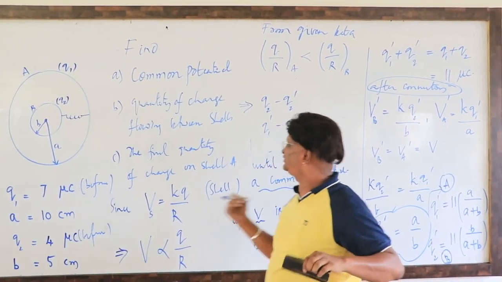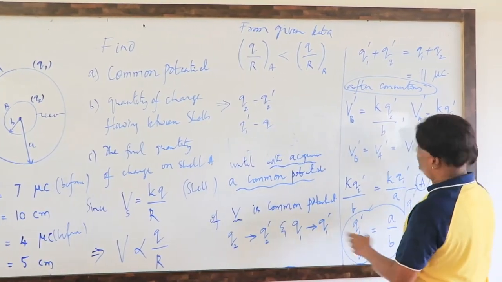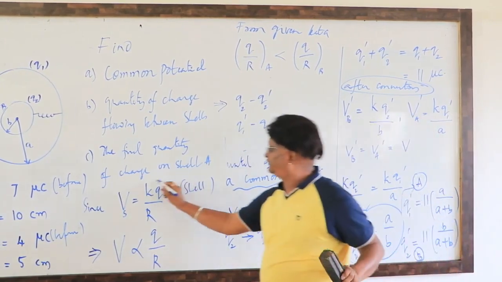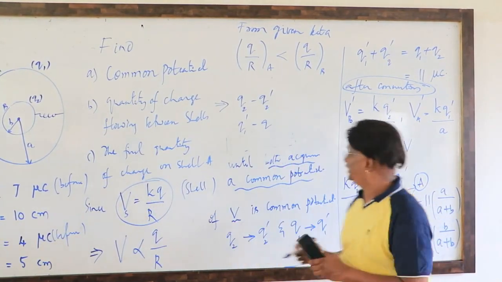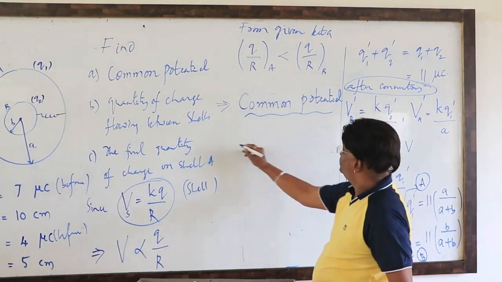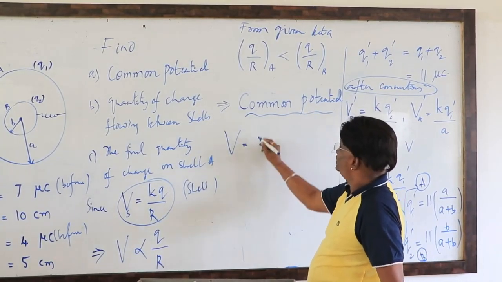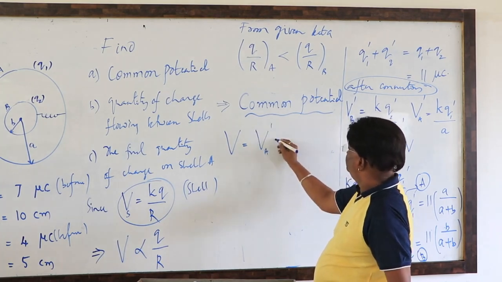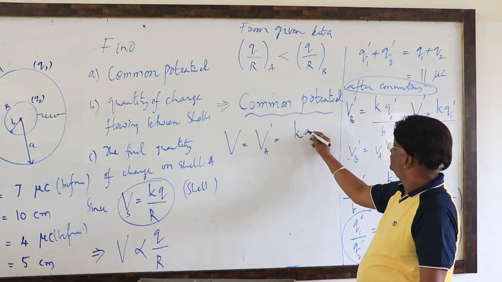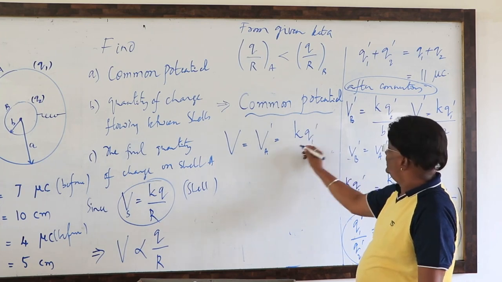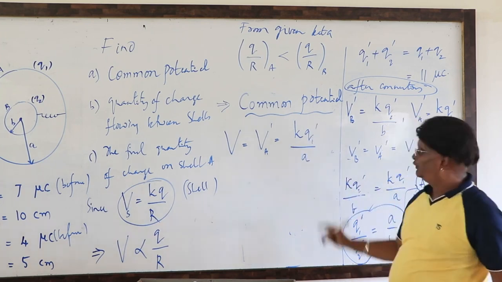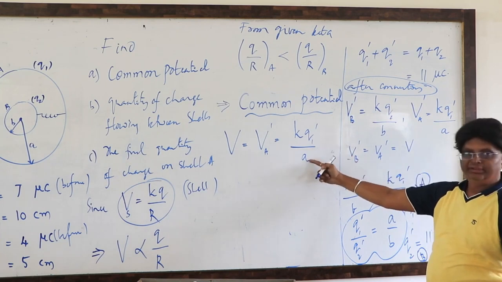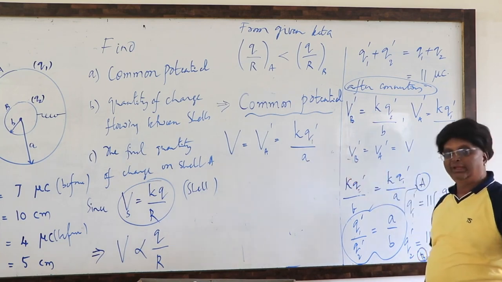Just one more last example that I want to do. Look at this example. In the same example you can take the common potential, which is V, I will write it as VA dash, which is equal to K Q1 dash by A. Now we know the value of Q1 dash, and K is of course 9 into 10 to the power 9.